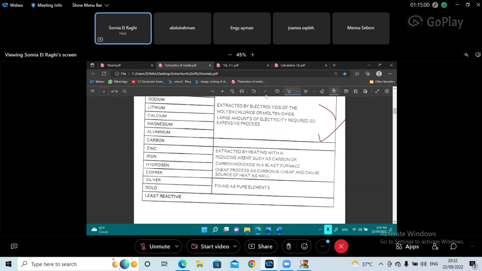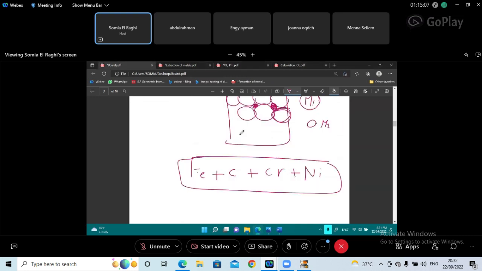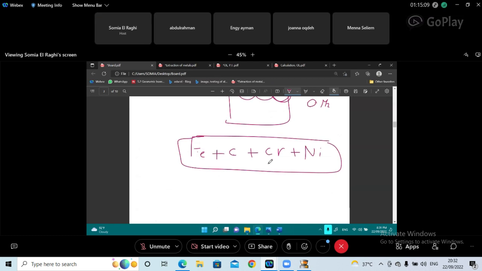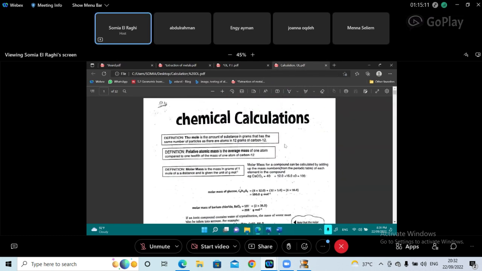Let's start with this chapter of calculation. Calculation, we have different rules. Chemical calculation, why do we do calculation? I need to find the mass of material produced. I need to find a formula. I need to find the volume of gas.